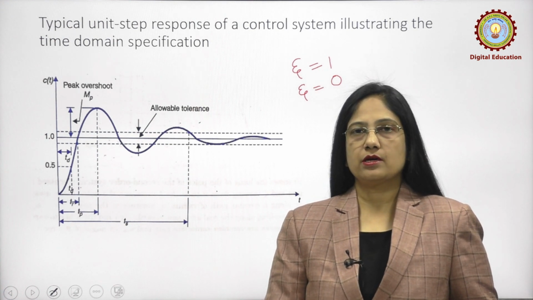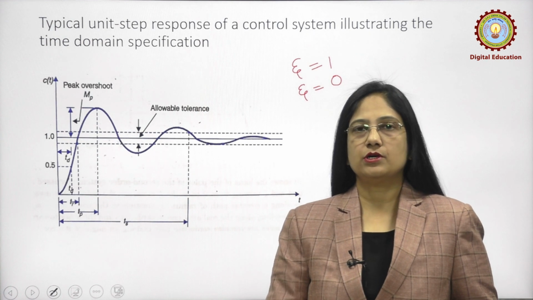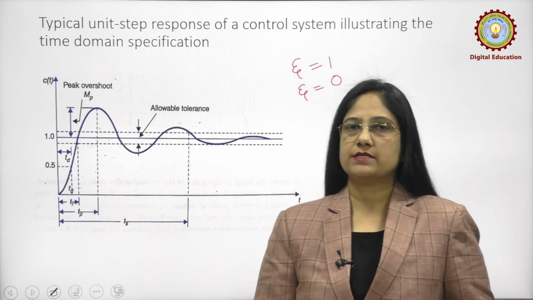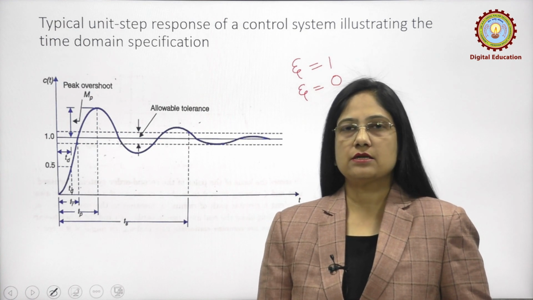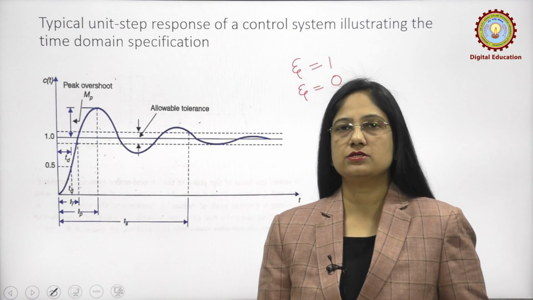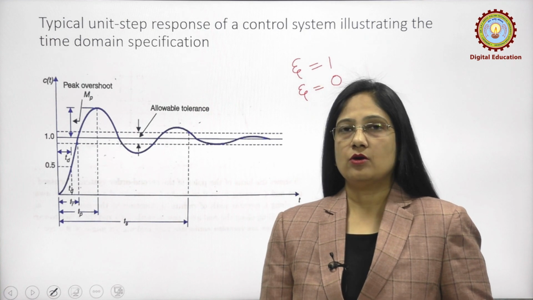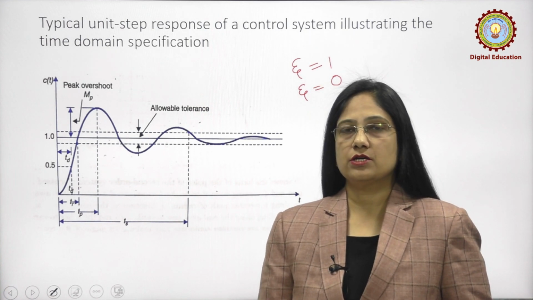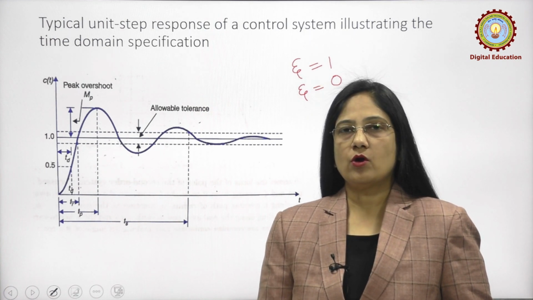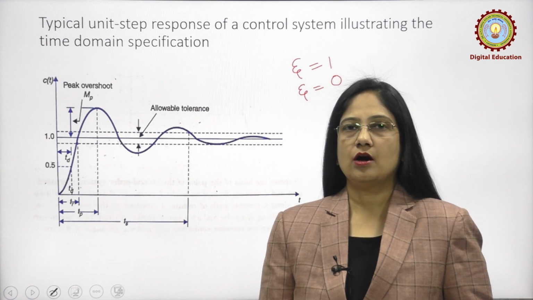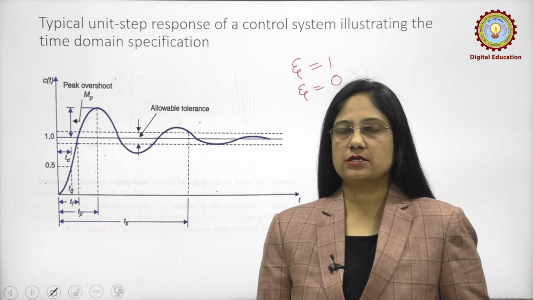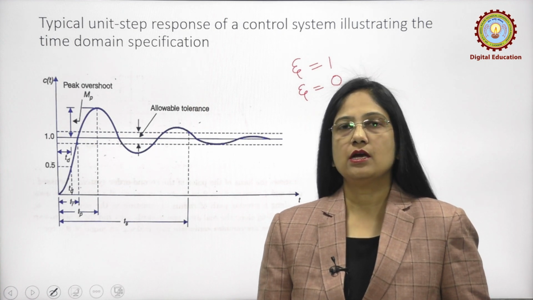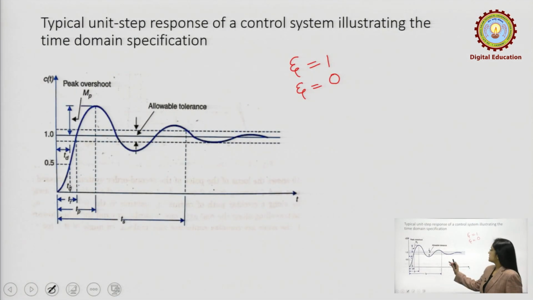So, the typical output response of a second order system with a damping ratio between 0 and 1 has oscillations which damp out. There would be a specification on the limit of the overshoot and undershoot. It is also expected that the overshoot does not go very high. So, these are the time domain specifications.